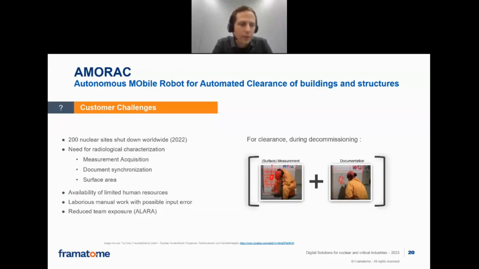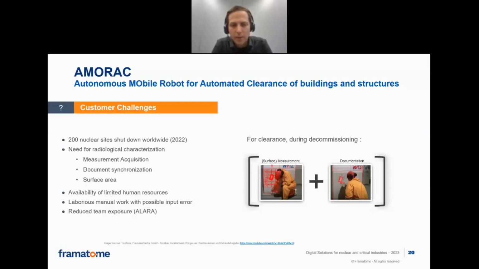And for this process, to know which workload you have to be aware of, there's a need for a lot of radiological measurements that have to be done, and after that, maybe a lot more steps. It came to the material release and characterization process, where measurements have to be performed, like you see in the right pictures.